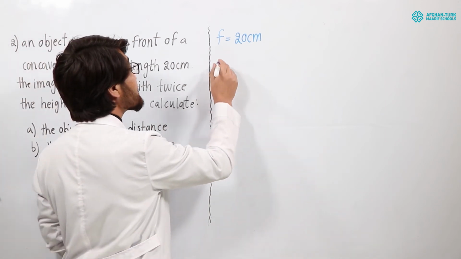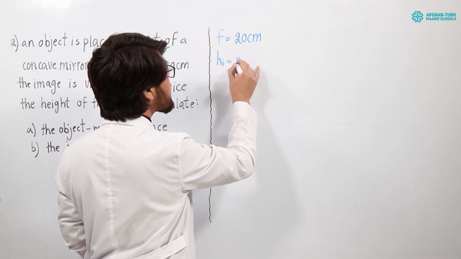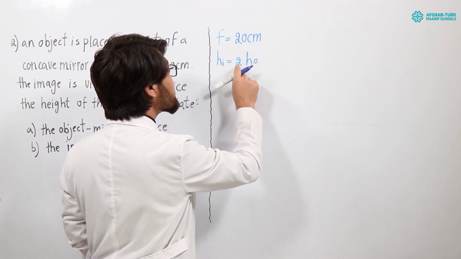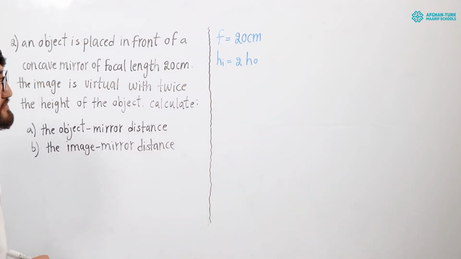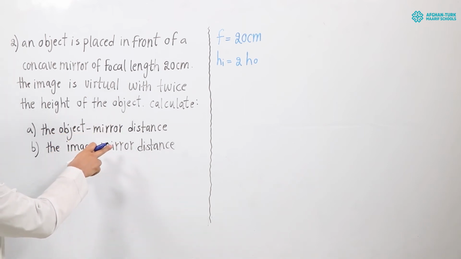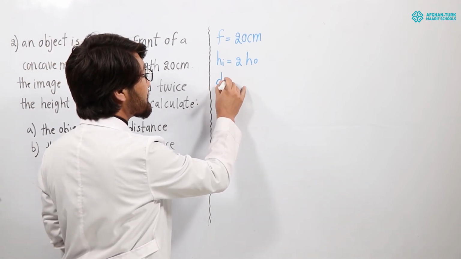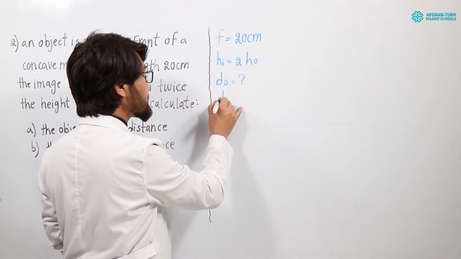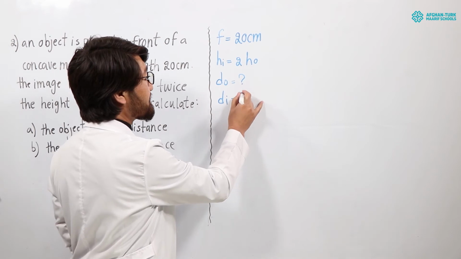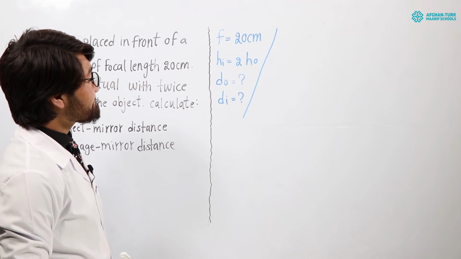It means the height of the image is twice the height of the object, HI is equal to 2 times HO. Calculate A, the object mirror distance, find DO, and also B, the image mirror distance, find DI.